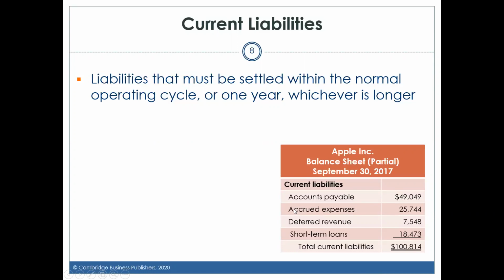Just like when we say unearned revenue, it's not a revenue, it's a liability. So deferred revenue is unearned revenue. Deferred, unearned, same thing. And then short-term loans. So these are like notes that you've borrowed from the bank, like short-term notes payable. You borrow from the bank and you have to pay the bank back within a year.